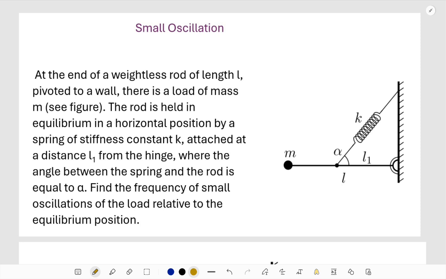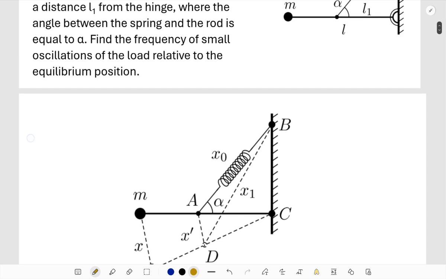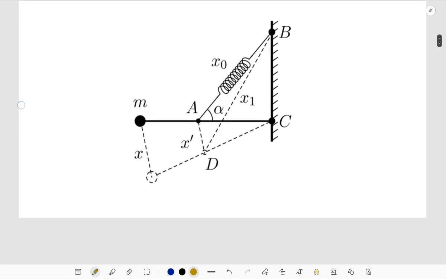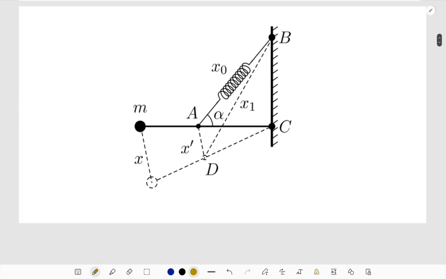So what happens next? I have drawn a picture, and you can see this picture. That means this picture says the load is displaced from this position to this position by an amount x.